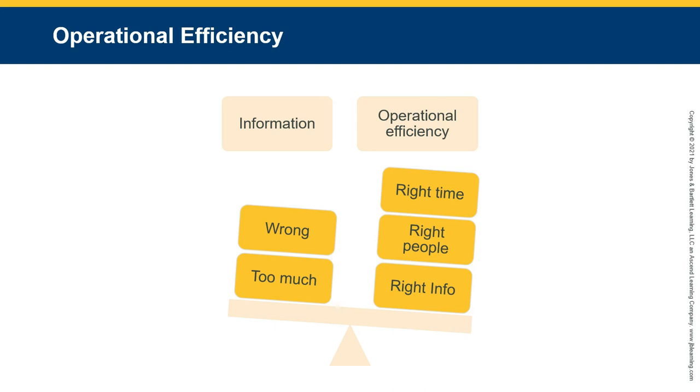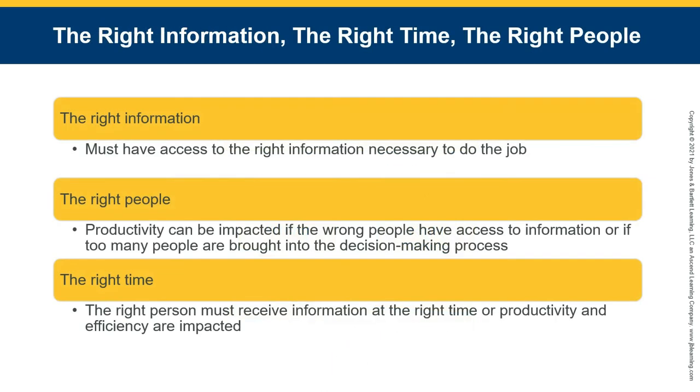Operational efficiency and information. We can either have wrong information or we have too much information. Operational efficiency means the right time, right people, right info. That's what we're trying for. The right information: people must have access to the right information to do their job. When someone has the right information, they're able to perform their job, get into their applications, and have the information that they need.